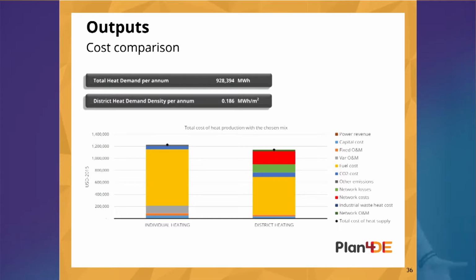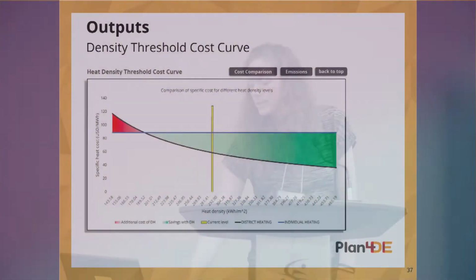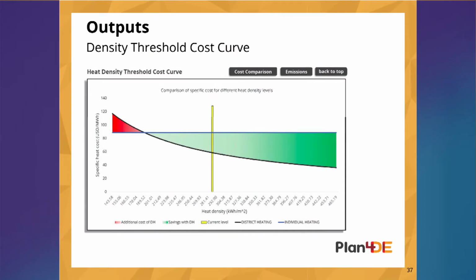And then the outputs, what do you get out of it? There are 3 main outputs, and the first is a cost comparison. I'll let you dig into this a bit more in the exercise, but it's split up by different aspects such as the capital cost, operations, and maintenance costs for both the individual heating versus district heating scenarios. You get that cost curve that Yul showed you.